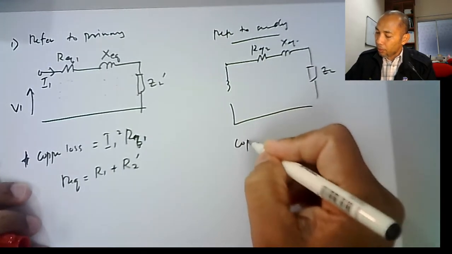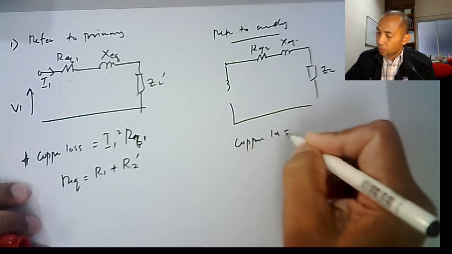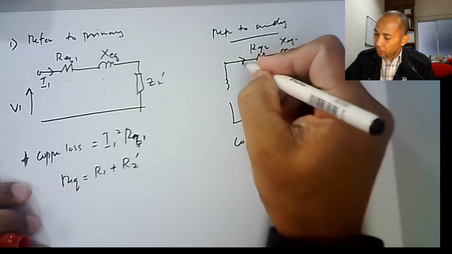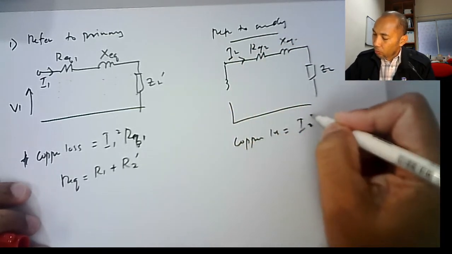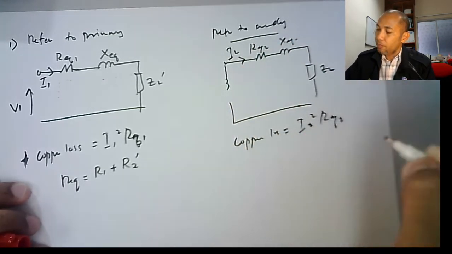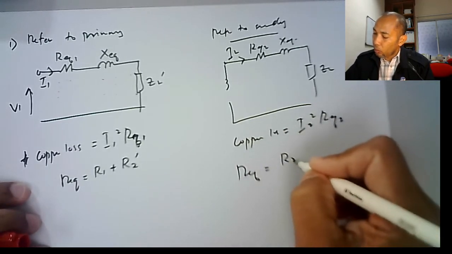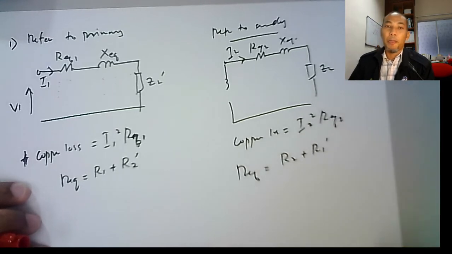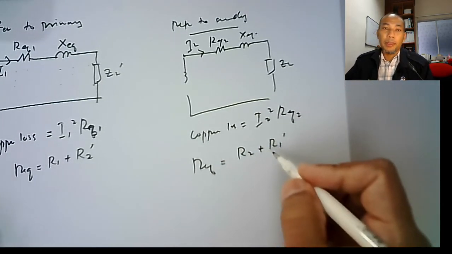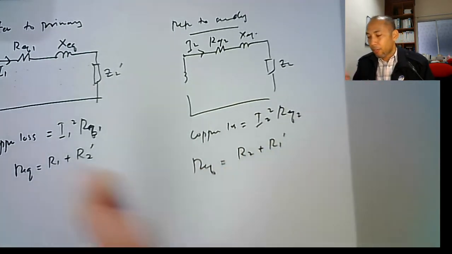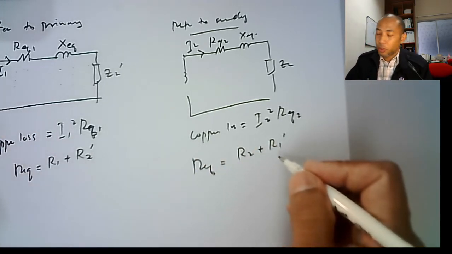The total copper loss is equal to I2 square R equivalent 2. R equivalent 2 is equal to R2 plus R1 prime, where R1 prime is the primary R1 referred to the secondary. So we bring it to the secondary. If you want the details of the equation, you can refer to the previous video.